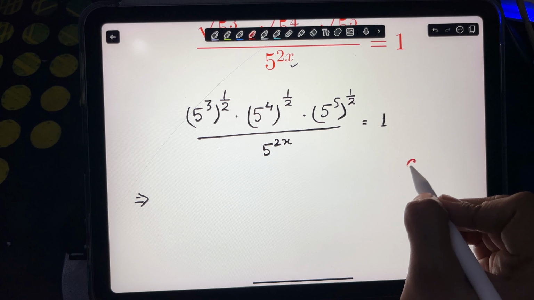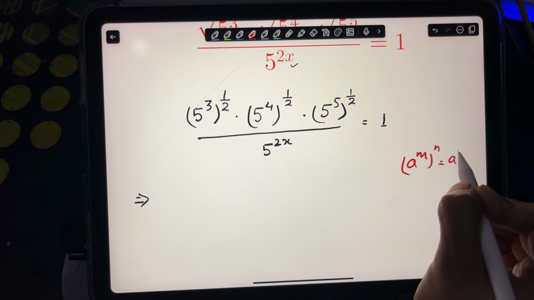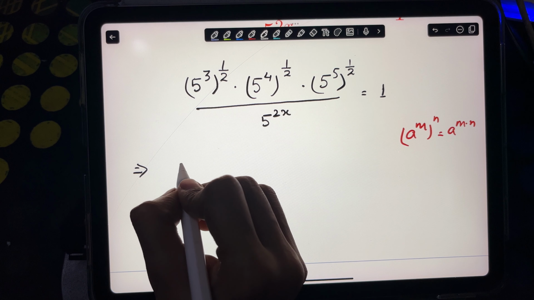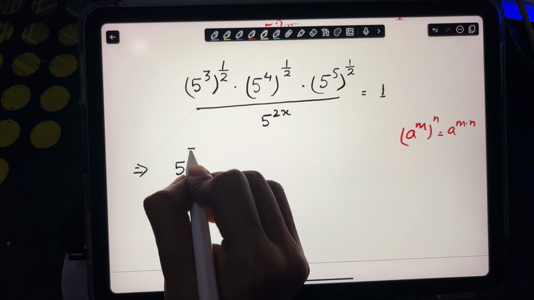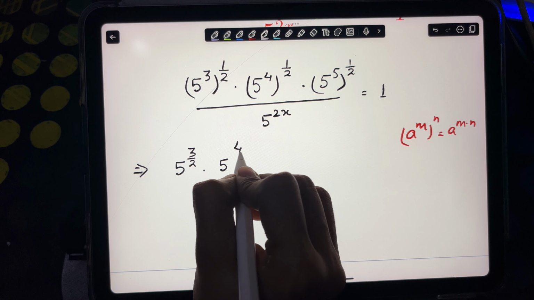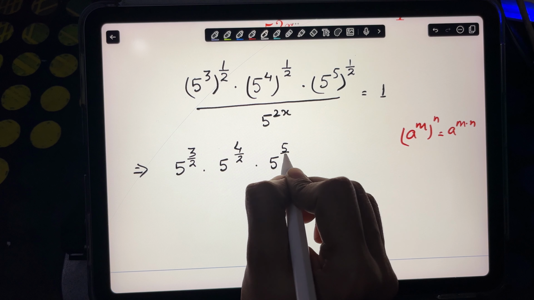Now, when a to the power m whole to the power n, it is equal to a to the power m times n. Therefore, it will be 5 to the power 3 upon 2 times 5 to the power 4 upon 2 times 5 to the power 5 upon 2.